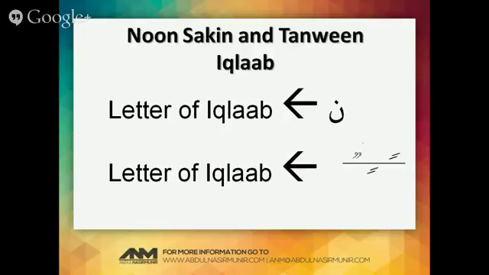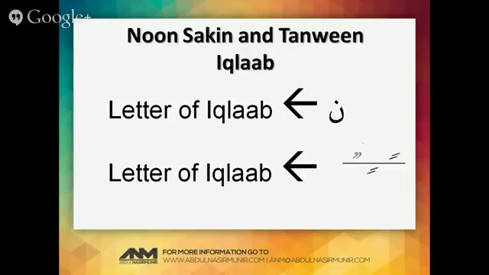So after noon sakin, towards the left, if there's the letter of iqlab, meaning the letter ba, then the iqlab will take place. Similarly, if there's a tanween, fatha tanween, kasra tanween, or dhamma tanween, then you look at the letter on the left, following the tanween. If the letter is of iqlab, which is the letter ba, then the iqlab will be done.